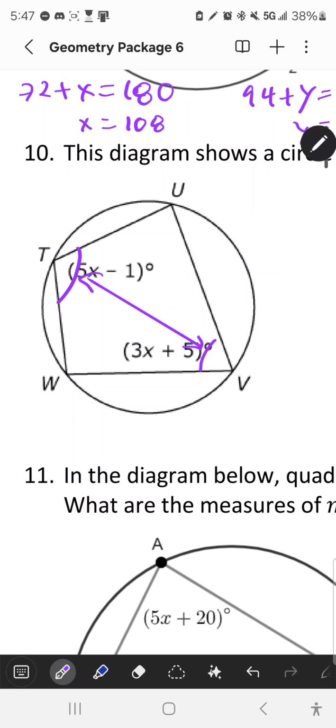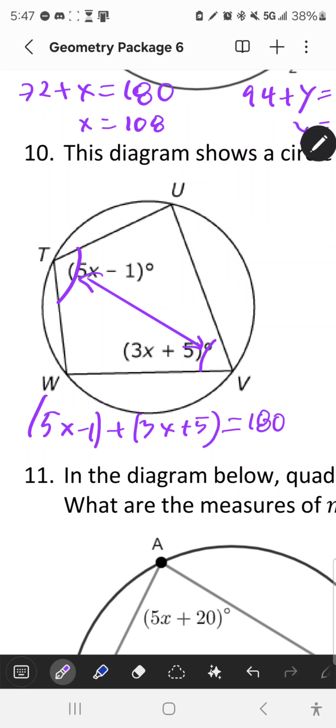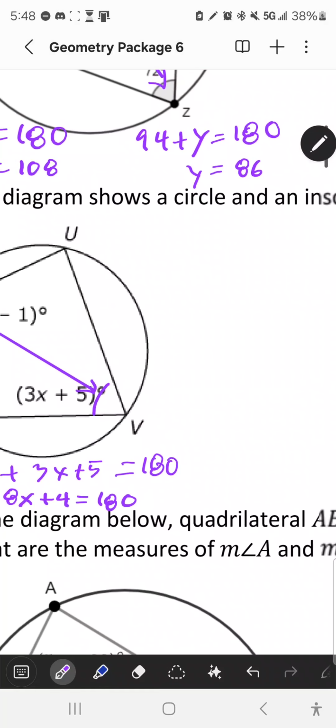First we need to solve for x, right? So we can say that 5x minus 1 plus 3x plus 5 equals 180. Since we're adding, we can take away the parentheses. So 5x plus 3x is 8x, and 5 minus 1 is 4, equals 180.